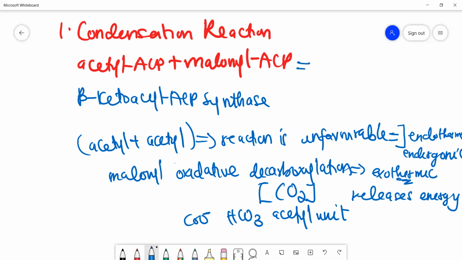Now, upon this condensation, we are going to get the compound called acetoacetyl ACP, right? So we are going to do away with CO2. I've already mentioned the enzyme. So that is the intermediate at the end of the condensation reaction.